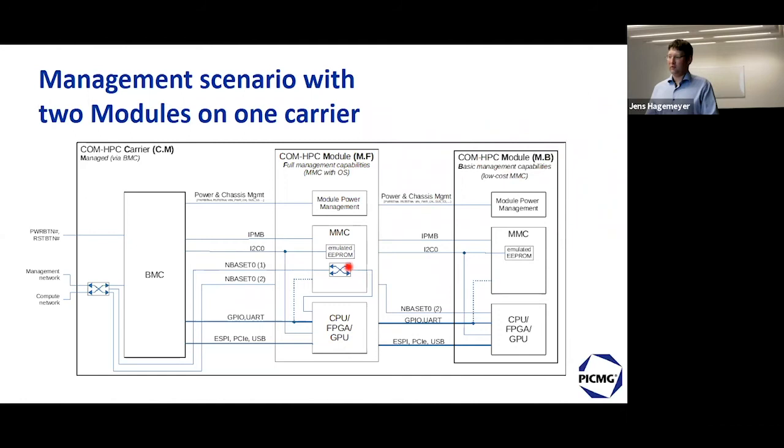What we see here is that the module with the full management capabilities has this integrated switch, so it shares the Ethernet connection 0 for data coming from the CPU as well as data coming from the MMC. So it has this high-speed IPMI connection from the MMC to the BMC, while the module with just the basic management capabilities does not have this feature, and it has the Ethernet connection directly connected to the CPU.